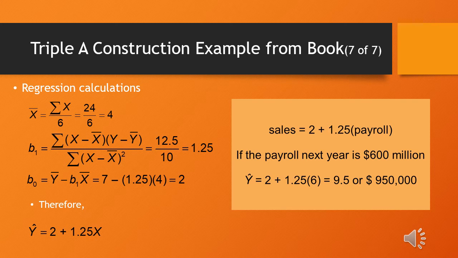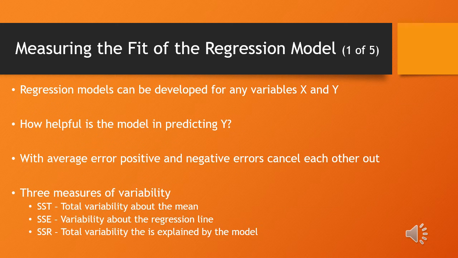This model helped the AAA Construction Company to see how the local economy and company sales are related. So moving on to understanding the measuring of the fit of the regression model.